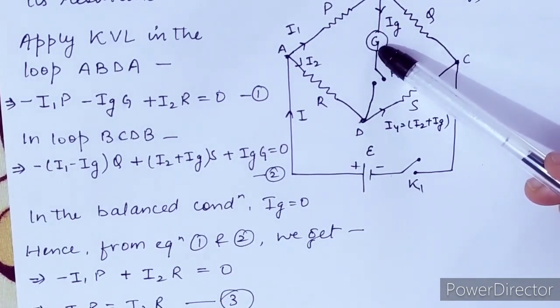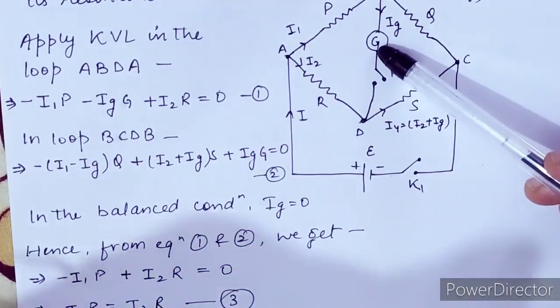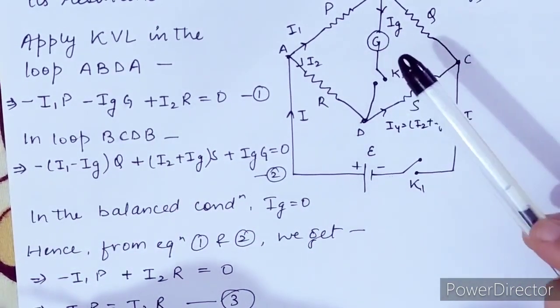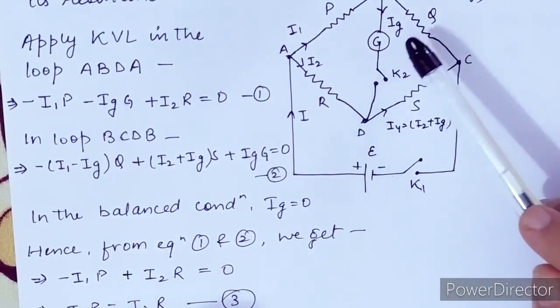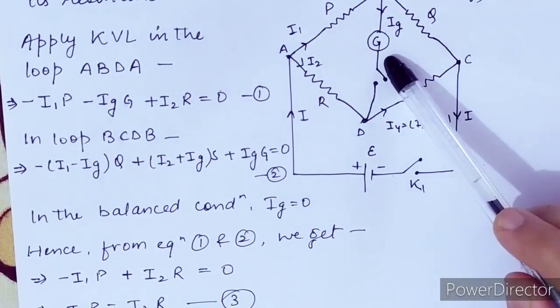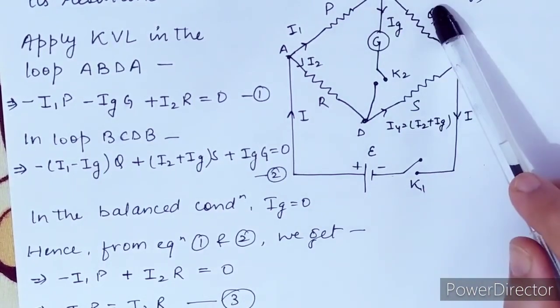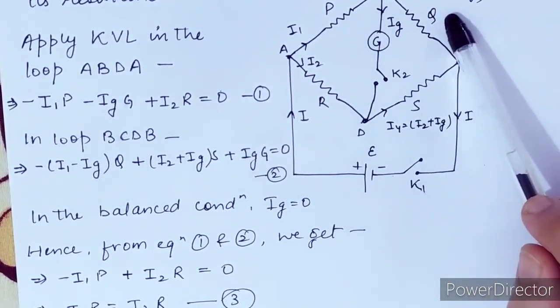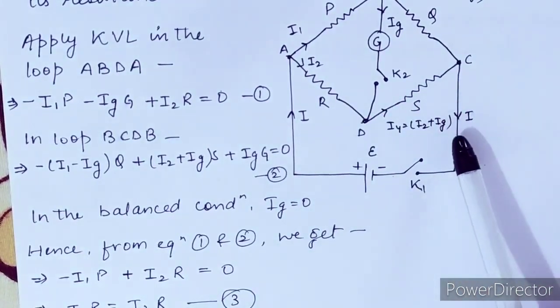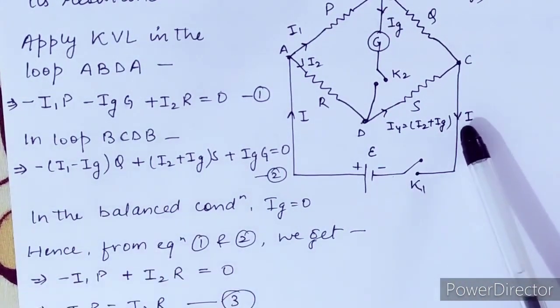That is null deflection, or zero deflection. This condition is known as the balance condition, and at this condition the ratios of the arms are equal: P upon Q equals R upon S. That is what we discussed yesterday.